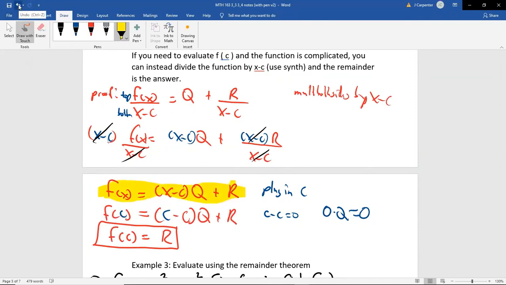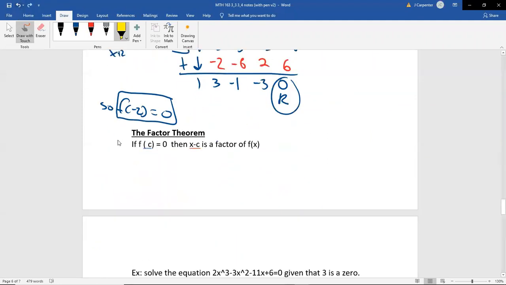F of x, some function after this, the long division, can be just turned into x minus c times q plus r. So if I didn't give you a division problem, if I just gave you a function and said find its zeros, maybe, it's the same thing as taking x minus some arbitrary c, a particular c that we chose, and then times the quotient plus the remainder.